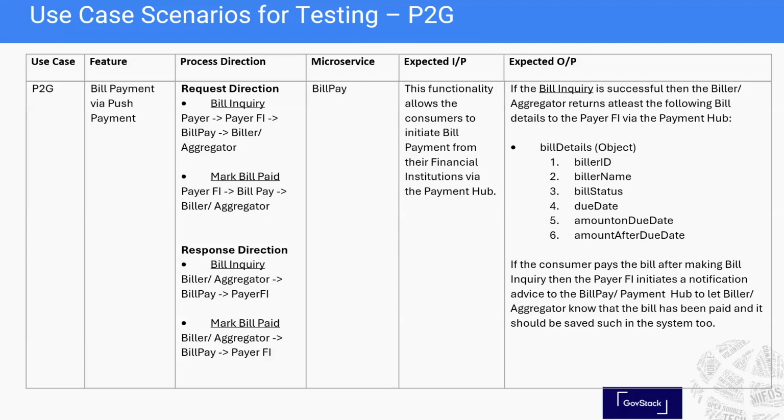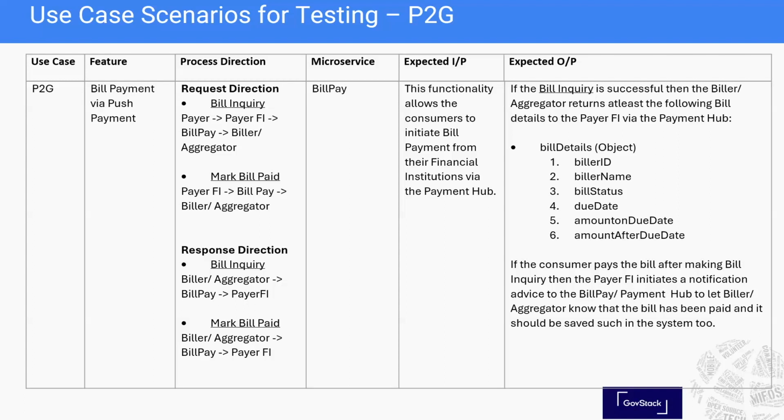So what essentially happens is that whoever is billing at the end needs to get registered in the bill pay service of the payment hub. They are allocated a certain identifier, which is sort of a prefix that has to be added.